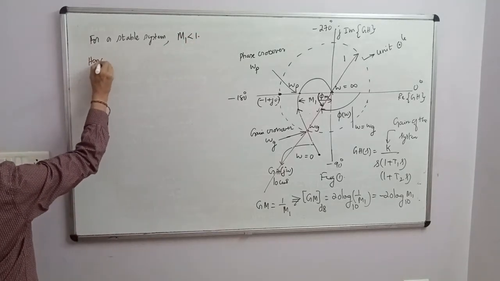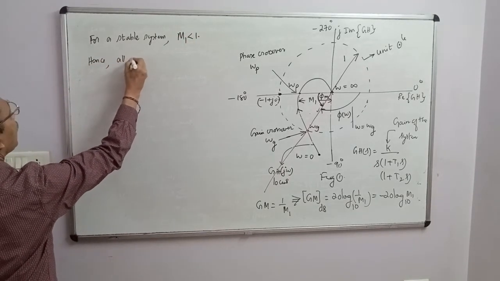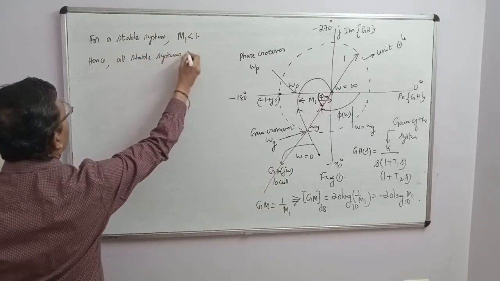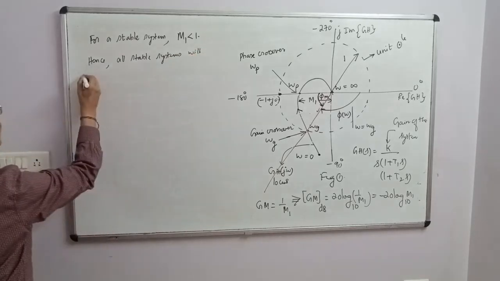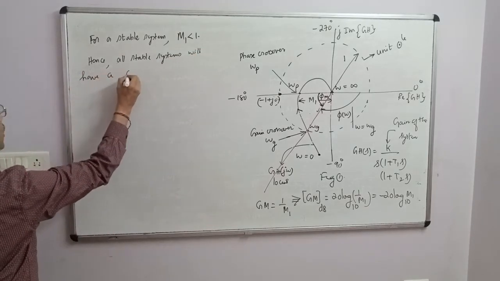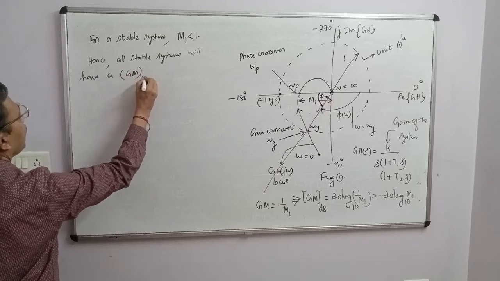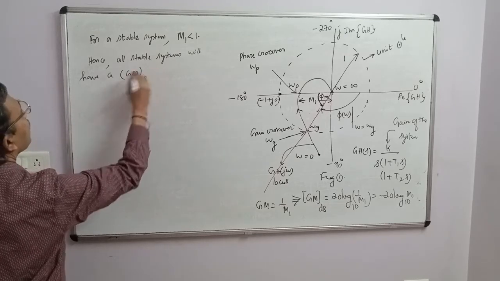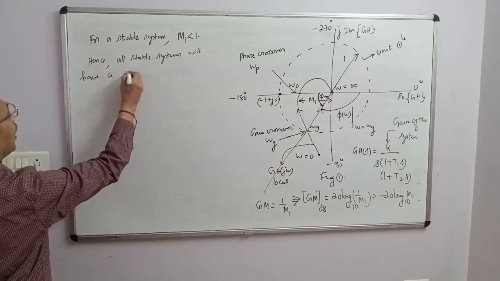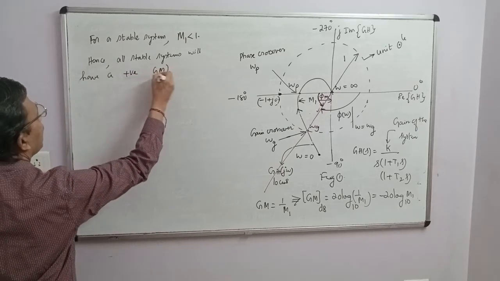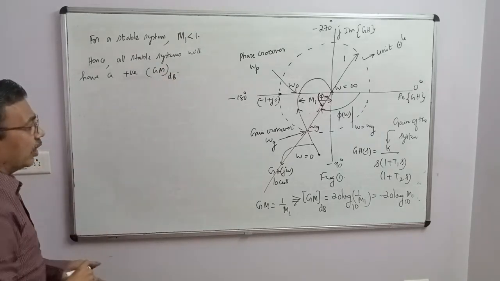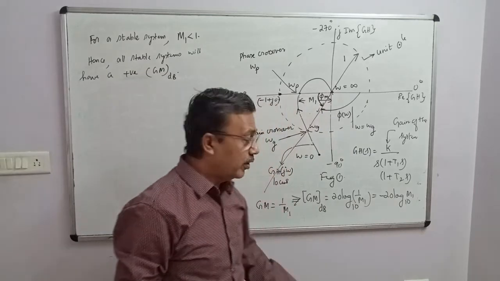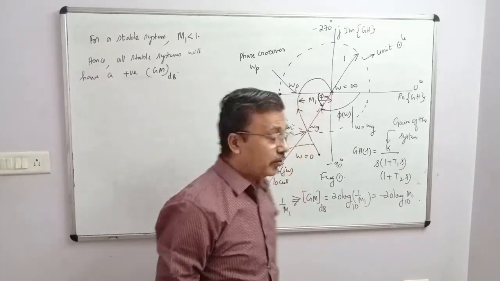Hence, all stable systems will have a positive gain margin in decibels. That is because when m1 is less than 1, 20 log of m1 is negative. Negative of negative, it is positive.